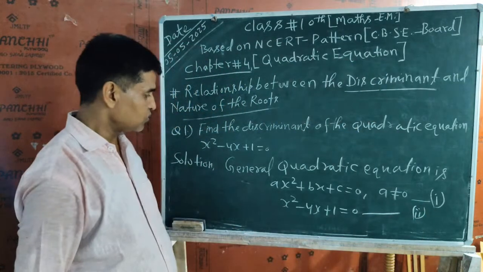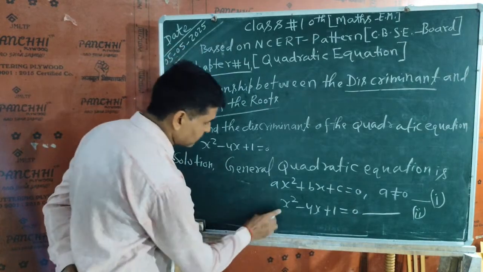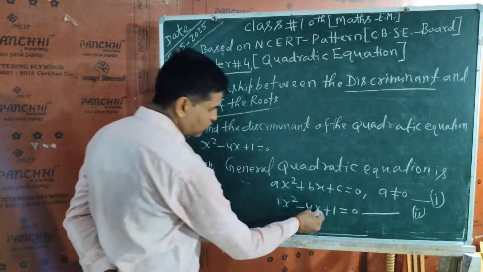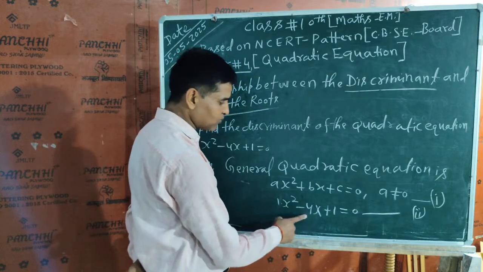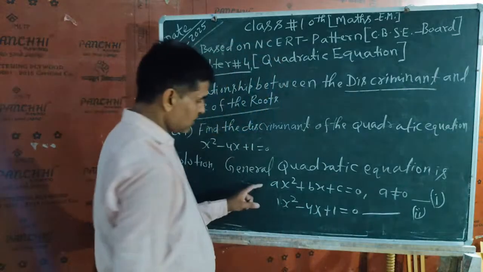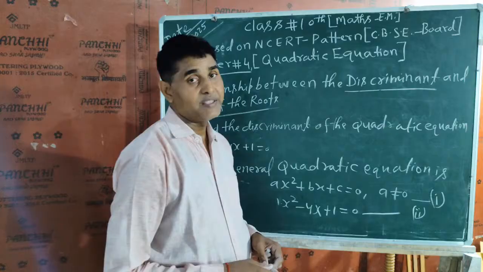Here x square I can write as 1 into x square. The coefficient of x square is 1, the coefficient of x is minus 4, and the constant term is 1. So I will compare equations 1 and 2 for getting the values of a, b and c.